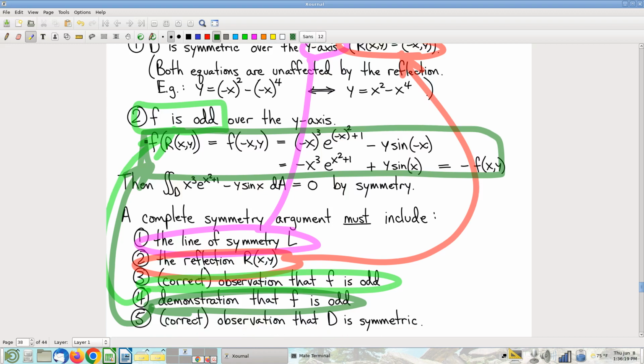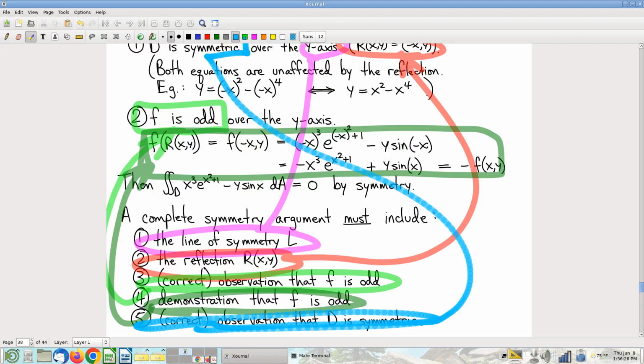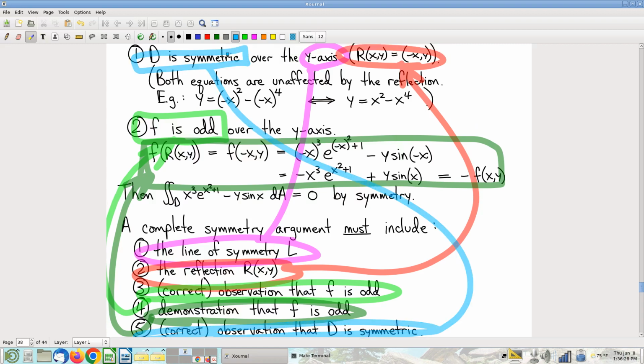And then lastly, you also have to point out that the domain is symmetric. I did that up here first thing. The order in which you do these isn't particularly important, but you do have to state that the domain is symmetric. What you don't have to do is prove that the domain is symmetric. My rationale is that it's usually pretty clear from the picture when a domain is symmetric.